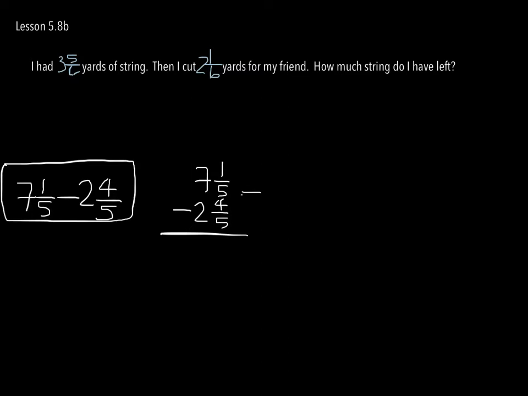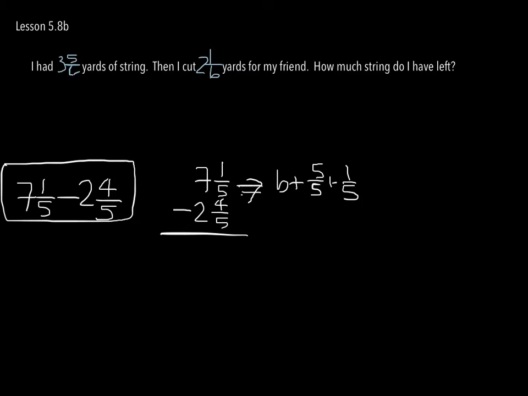So what we're going to do is we're going to take our 7 and 1/5, and we're going to start converting that. And the first thing we're going to do is we're going to rename, and we're going to change the 7 to a 6, and then we're going to add to that 5/5 plus 1/5.